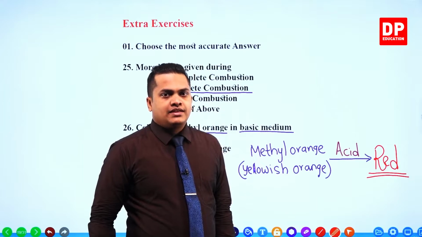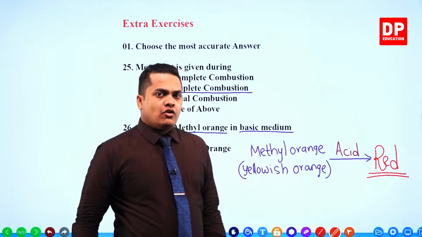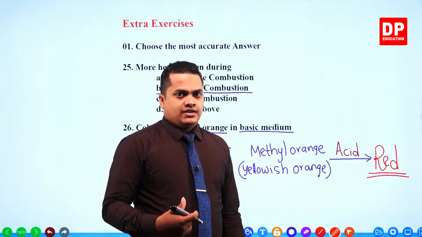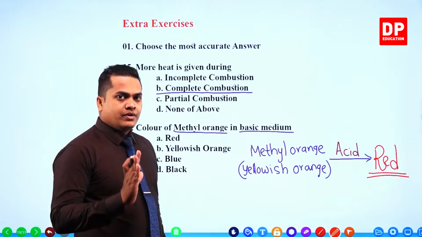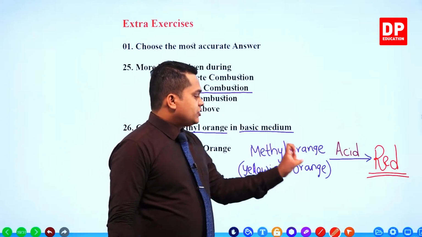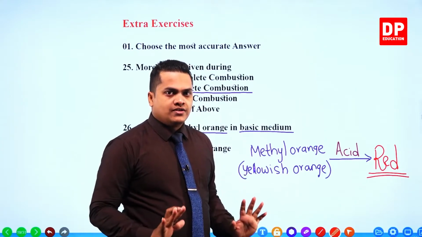With acids, methyl orange changes into red color. So if you take methyl orange as an indicator in a basic medium, it is going to give out just a yellowish orange color. The color is not going to change at all.